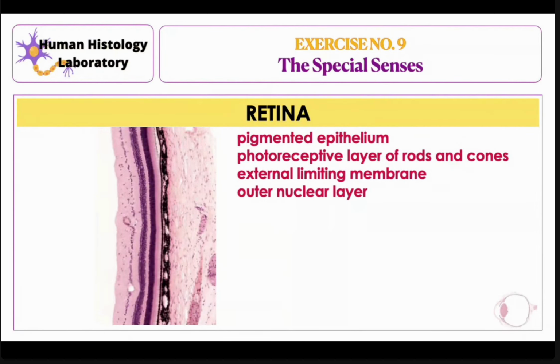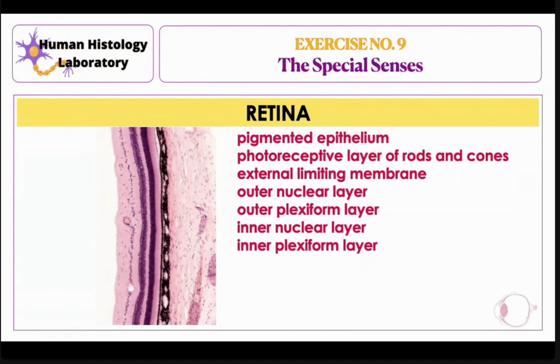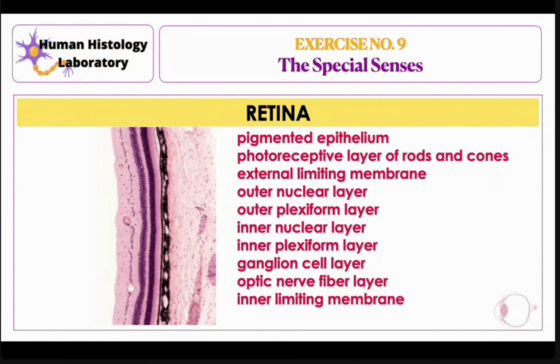Next, we have the outer nuclear layer, which is now composed of the nuclei of rods and cones, the outer plexiform layer, which are formed by synapses, the inner nuclear layer, where we see the nuclei of different neurons, then the inner plexiform layer, where synapses are also seen, the ganglion cell layer, where cell bodies of bipolar neurons are seen, the optic nerve fiber layer, where axons of ganglion cells are seen that project into the brain, and lastly, the inner limiting membrane or the basement membrane.